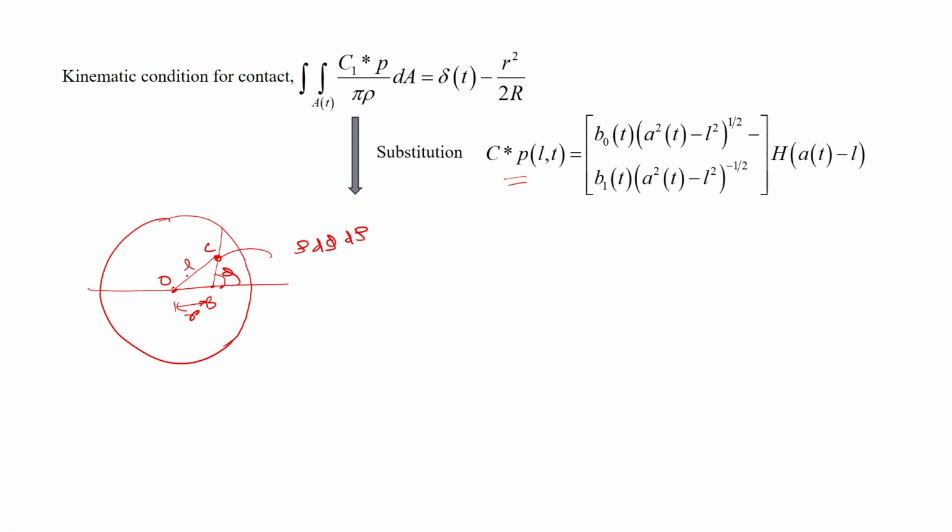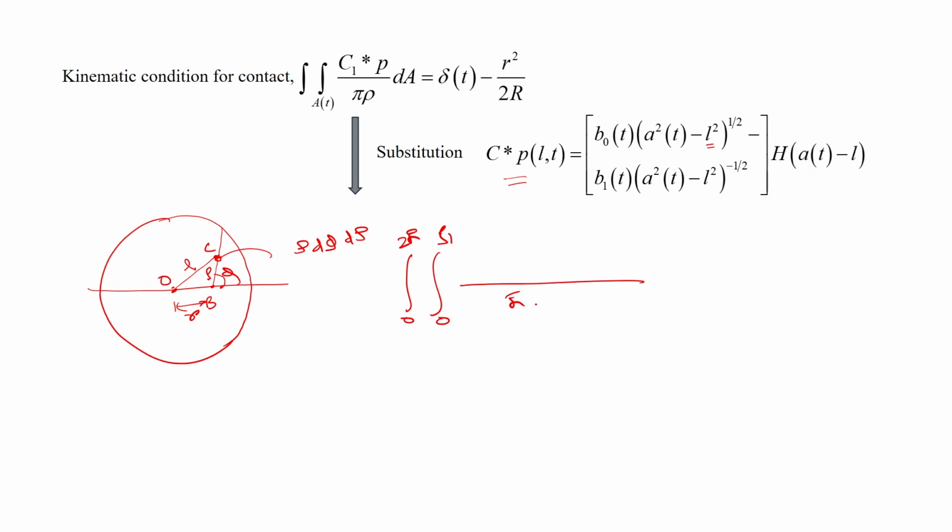And so this is L here. This function has therefore been written in terms of L, the distance of this point from the center. So now I substitute: rho varies from 0 to rho 1, and phi varies from 0 to 2 pi, with the factor 1 by pi rho.